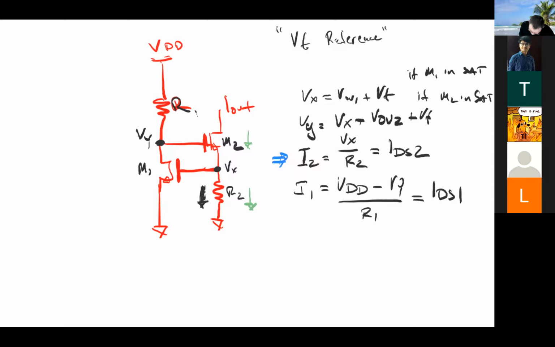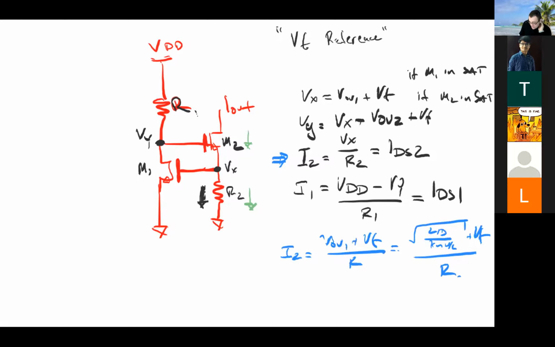It's called a VT reference because if we look in particular at I2, we said that I2 was equal to Vx, which I wrote as VOV1 plus VT, divided by R. And I write out the expression for VOV, which is equal to the square root of 2ID divided by KN W over L, plus VT, divided by R. What we do is we design this part of the equation to be very small relative to VT.